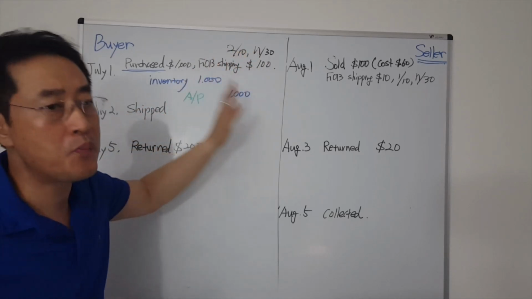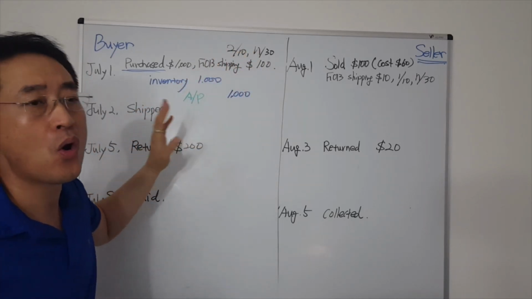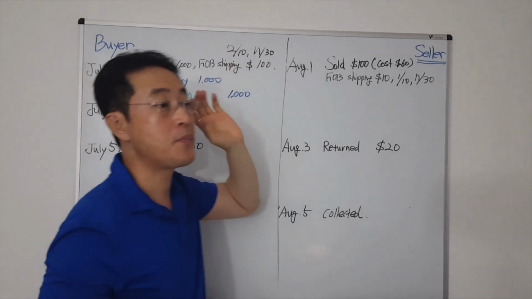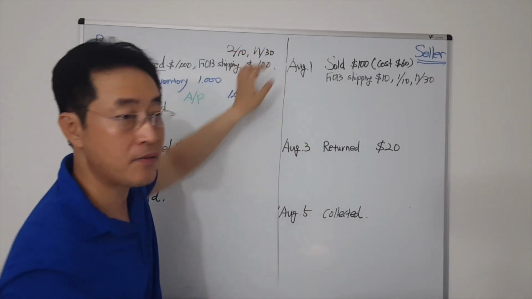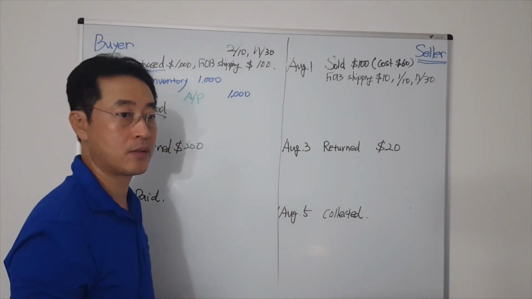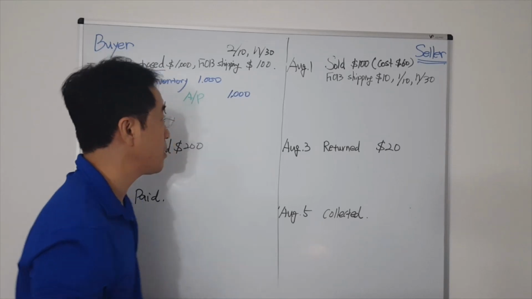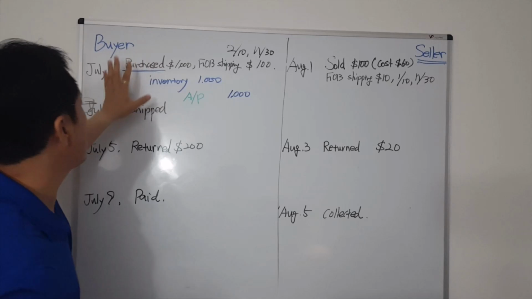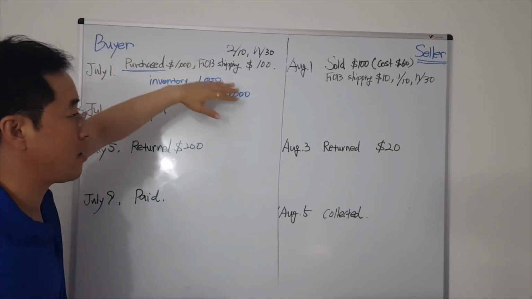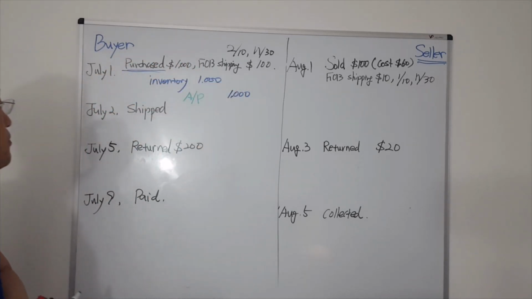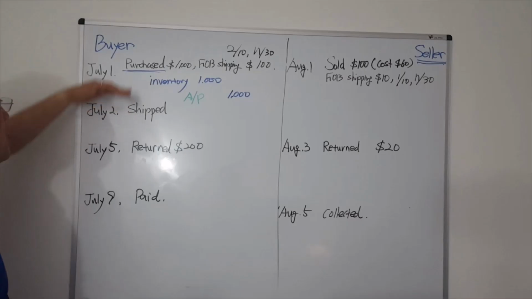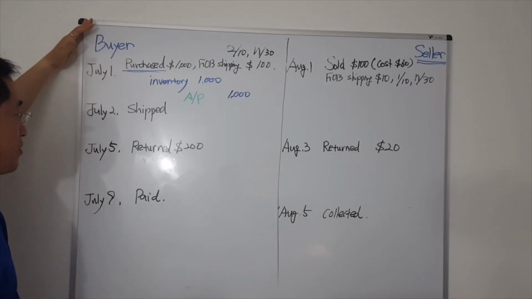This is on account. If we had already paid, we wouldn't have this discount agreement. Am I right? That's why we need to analyze and read the instructions very carefully. So that's accounts payable $1,000. That's the purchase from the buyer's point of view.